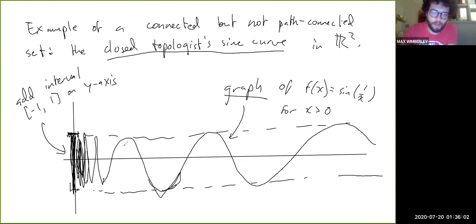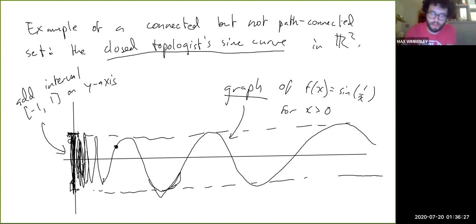The reason it's not path connected is that if you try to make a path from a point on the actual graph to a point on the interval over here, it's impossible, because the function defining the path would have to go through an infinite number of oscillations in order to get to any point over here.